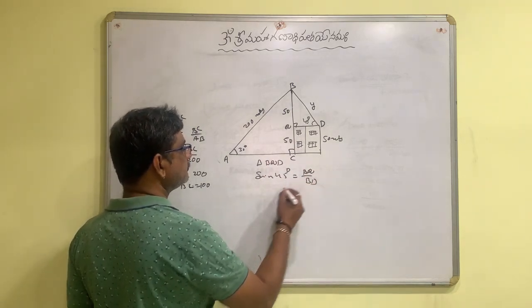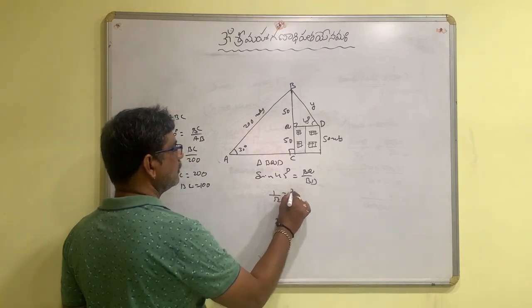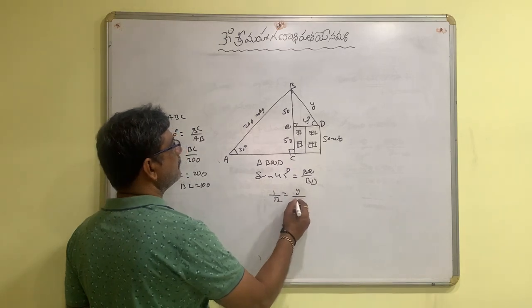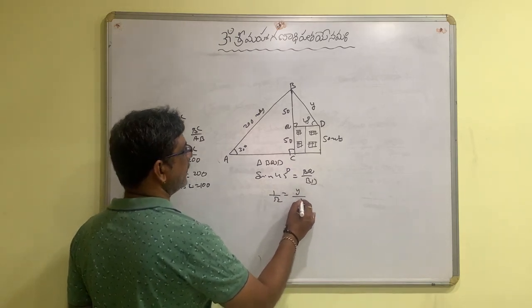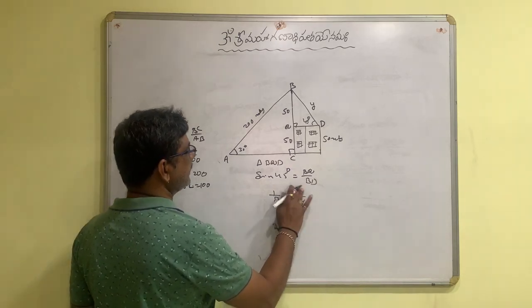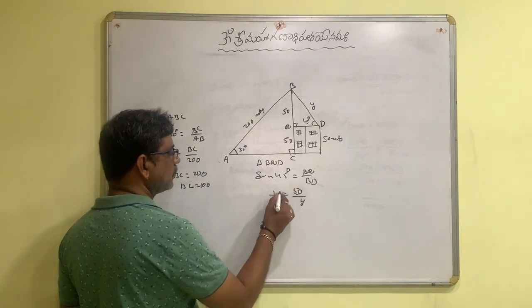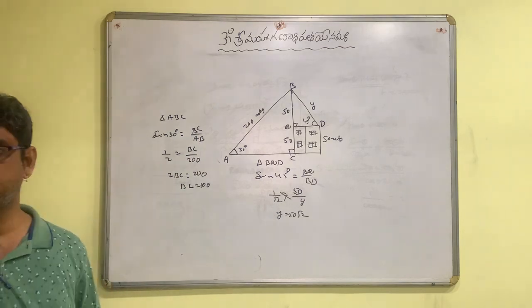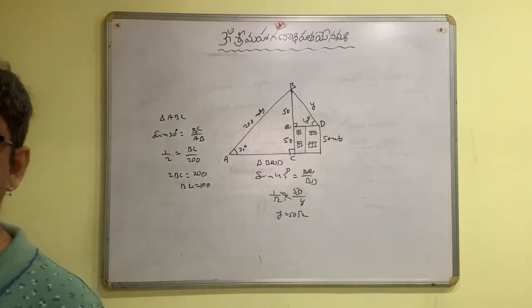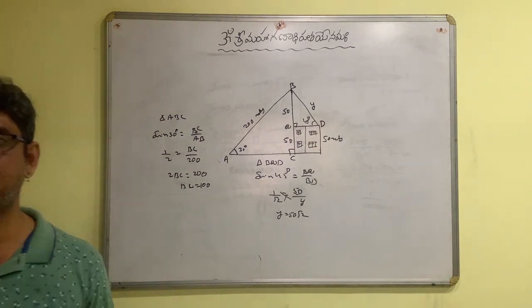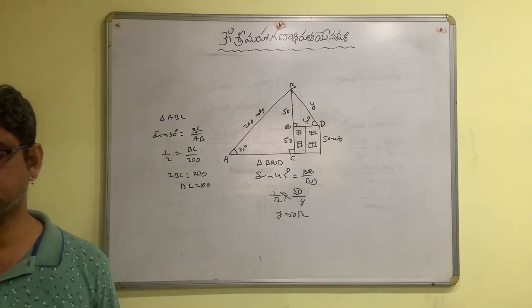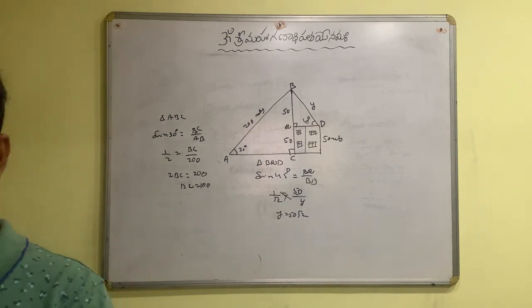BQ we don't know, BD is y, BQ is 50. Now do cross multiply, y is equal to 50 root 2 meters. So the distance of the bird from Deepak is 50 root 2 meters. Right, children?